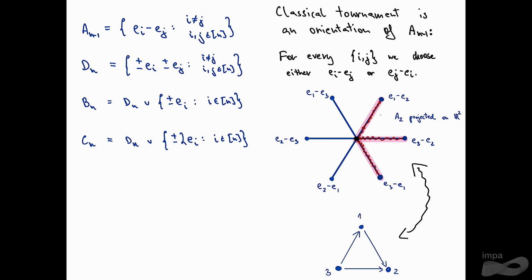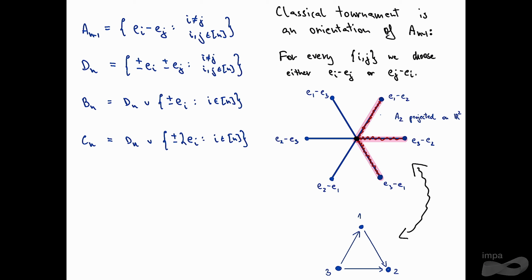Here I have an A2 root system, which actually lives in 3 dimensions, but it's projected onto R2. It's in R3, and it corresponds to 3 players.